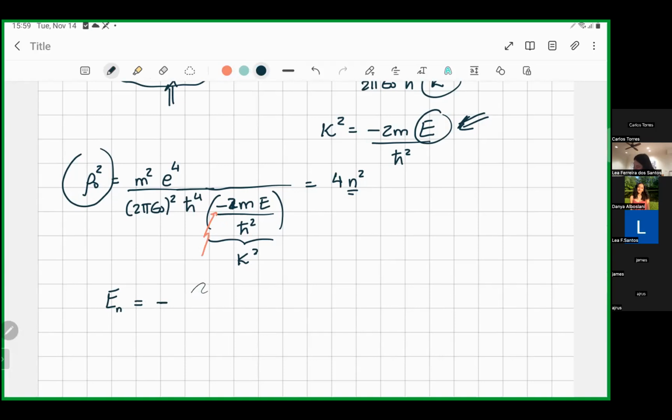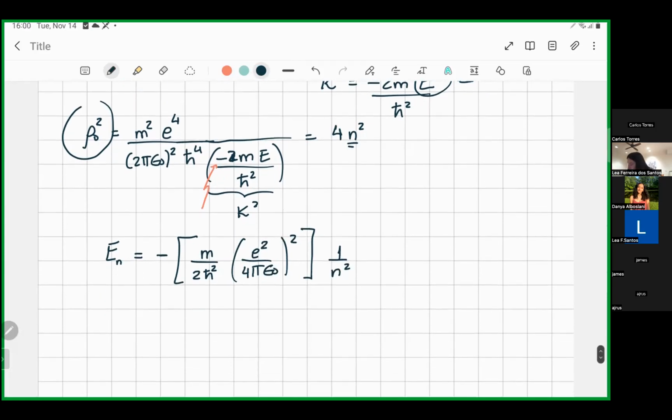So let's go. Mass of the electron, 2 h bar squared, e charge squared, 4 pi epsilon 0, all this squared, 1 over n squared.